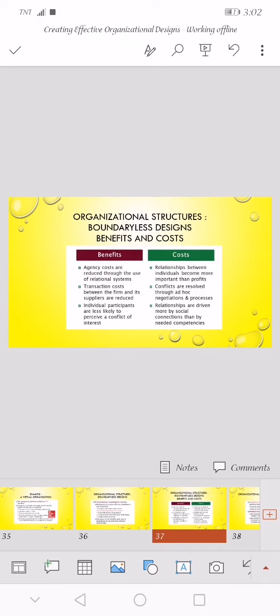Costs: first, relationships between individuals become more important than profits. Second, conflicts are resolved through lengthy negotiations and processes. Third, relationships are driven more by social connection than by needed competencies.